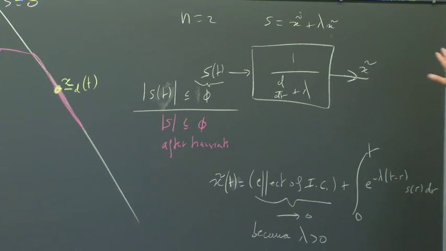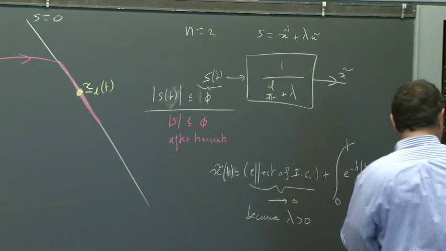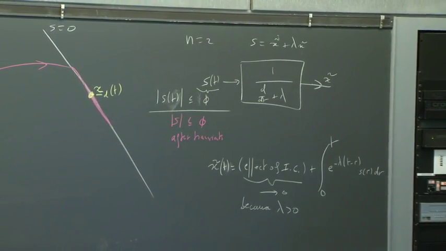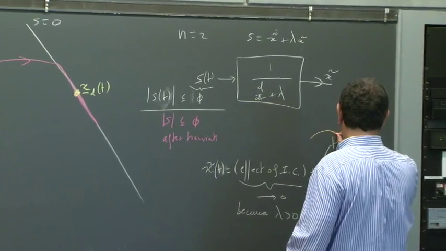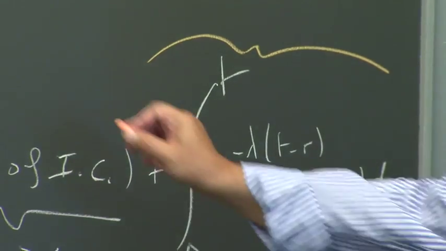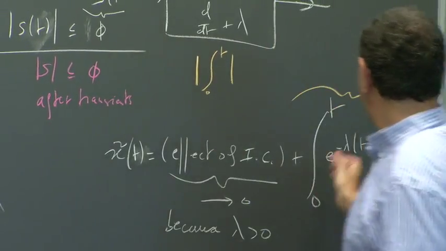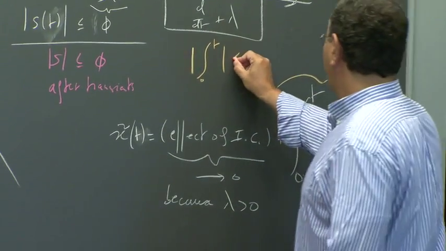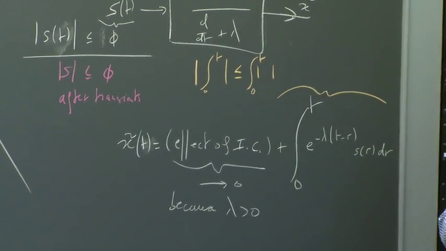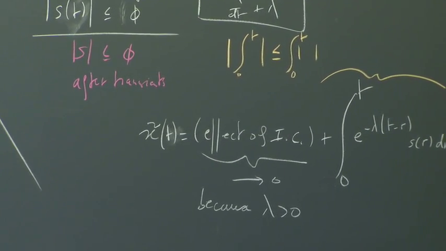That's what we have if we look at this differential equation. Now, maybe we can pick another color. What can we say about this term? If we look at the absolute value, I won't rewrite everything, the absolute value of this integral is, of course, less than the integral of the absolute value. The absolute value of the sum is less than the sum of the absolute values.